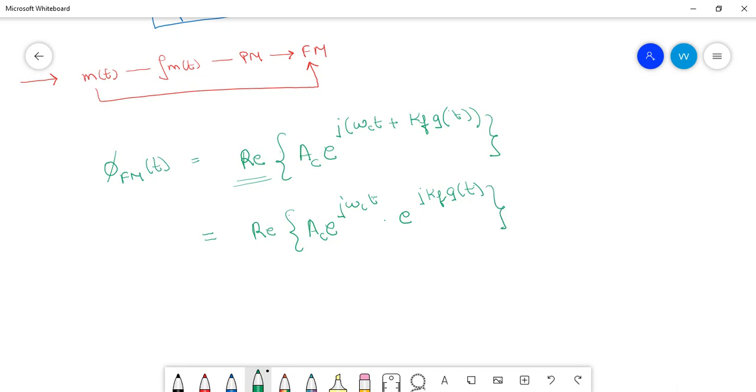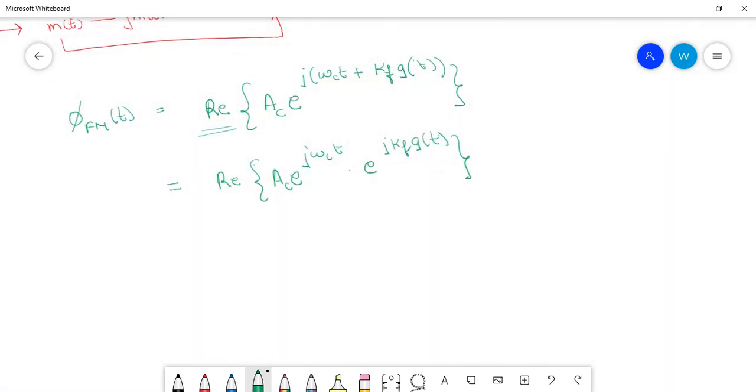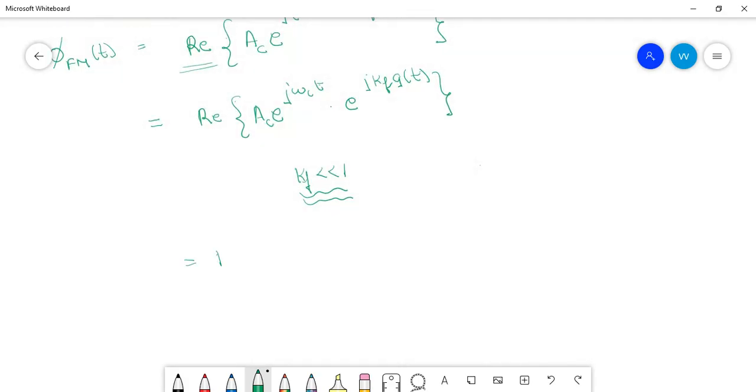Now we can have the approximation over here: if kf g(t) is much less than 1, and it is only valid for that, we can write this as the real part of Ac e to the power j omega_c t into (1 plus j kf g(t)).